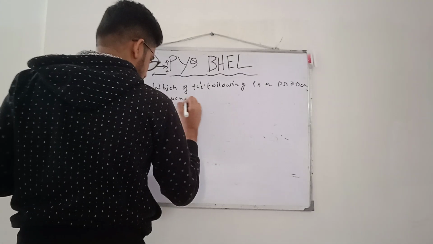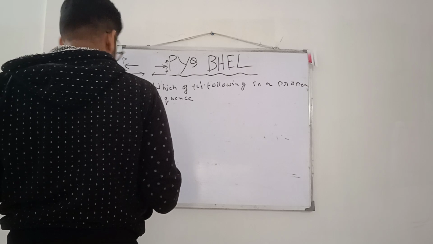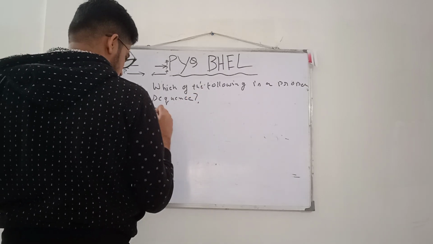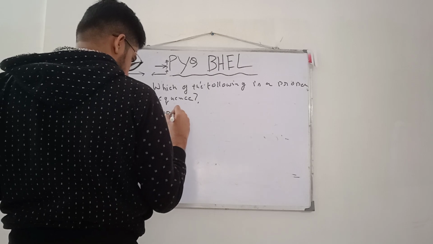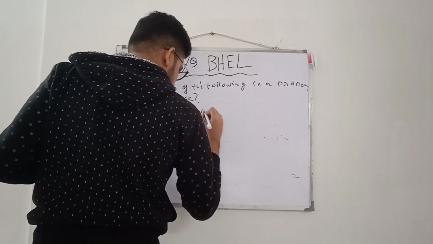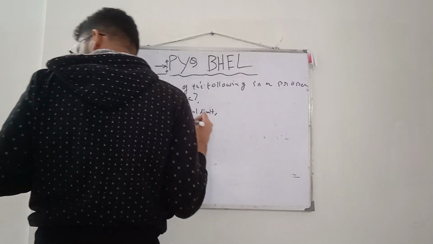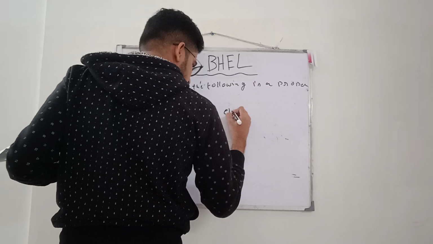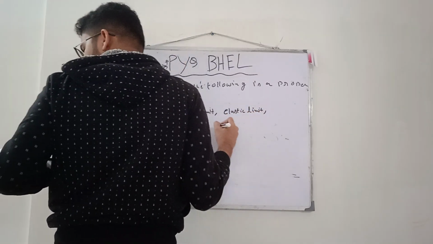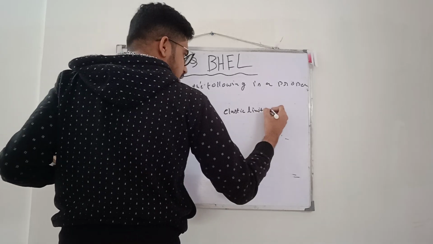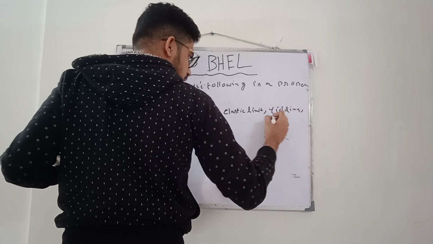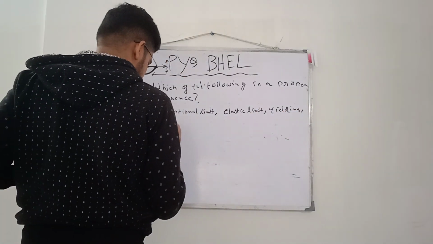Here, the first one, A: proportional limit, elastic limit, and then yielding and then failure.